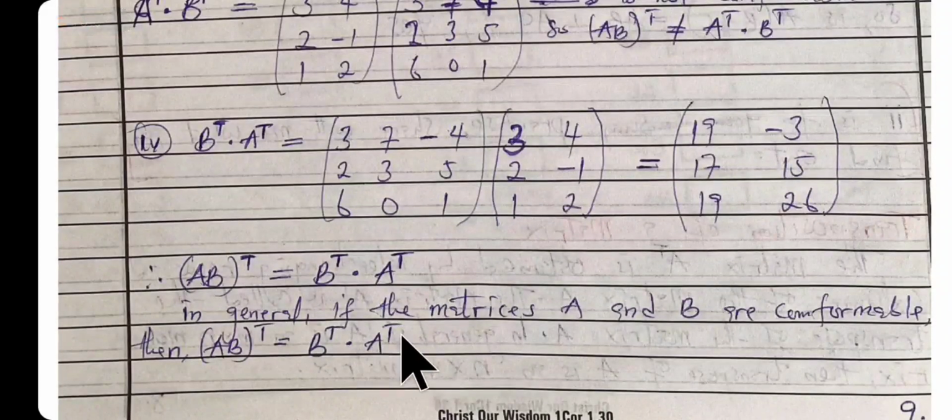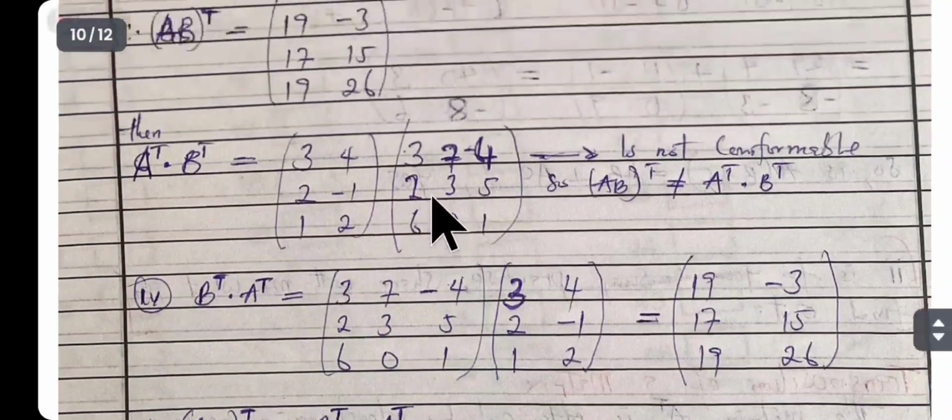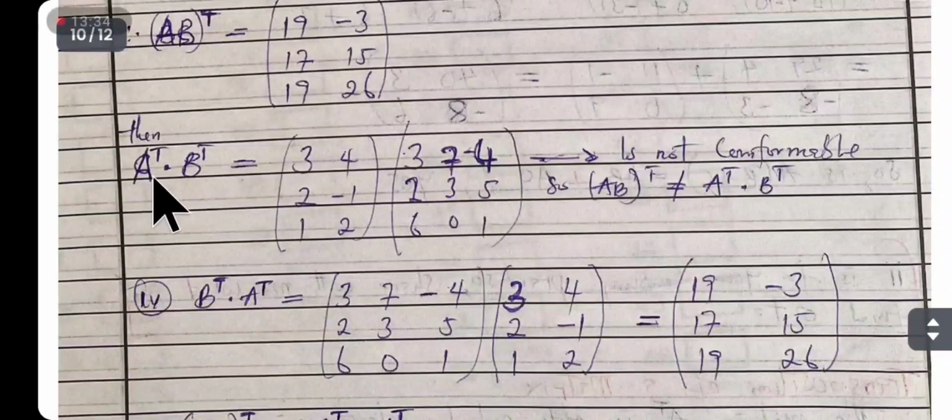So in general, if matrices A and B are conformable, then the transpose of AB will be equal to the separate multiplication of the transpose of B coming first and then the transpose of A later. If A comes first, it is not going to work, like in this case, because it makes the matrix multiplication invalid.